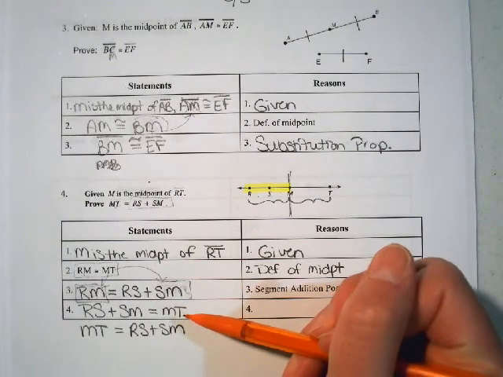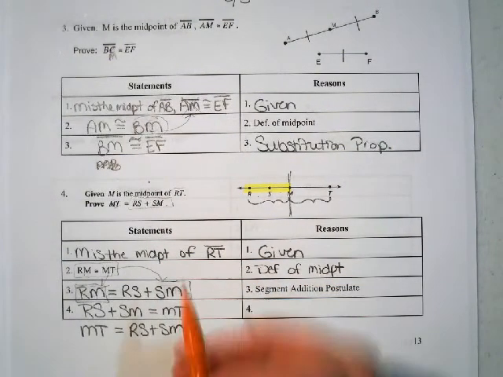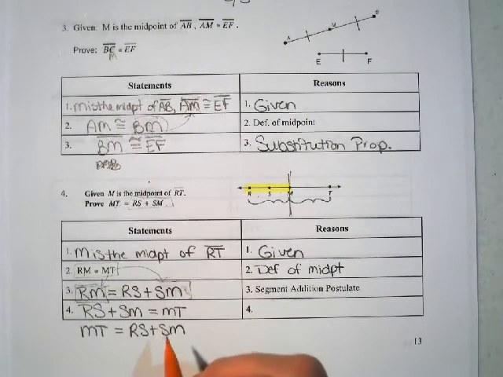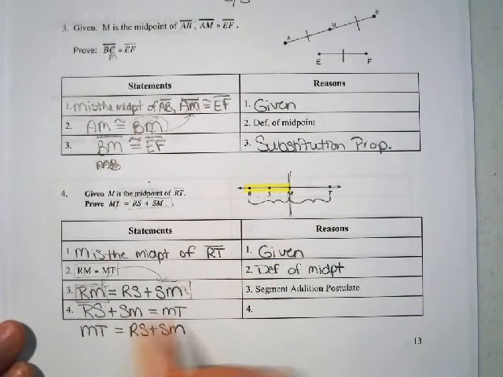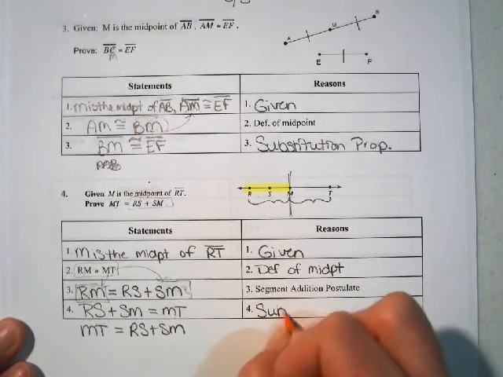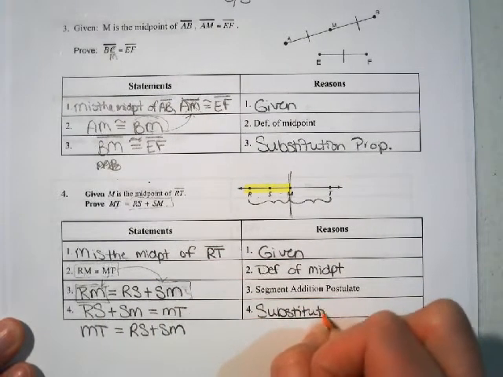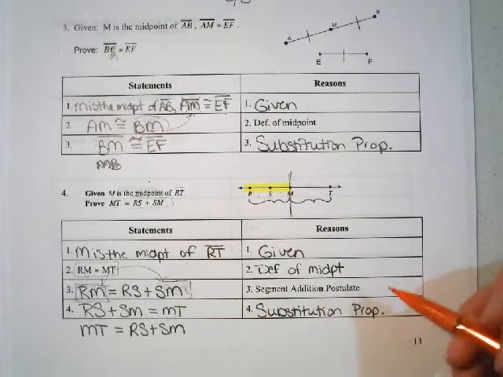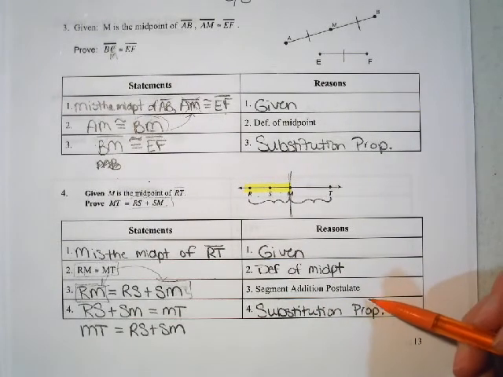So it would be MT is equal to RS plus SM. As long as you have this combination in the line, I'm not overly concerned with whether the MT is on the left of the equation or the right. You just need the main concept of it, okay? So then this would be substitution again.